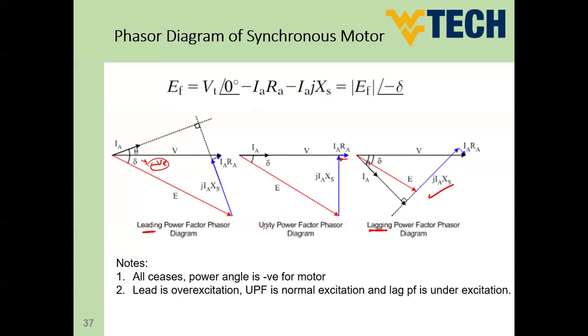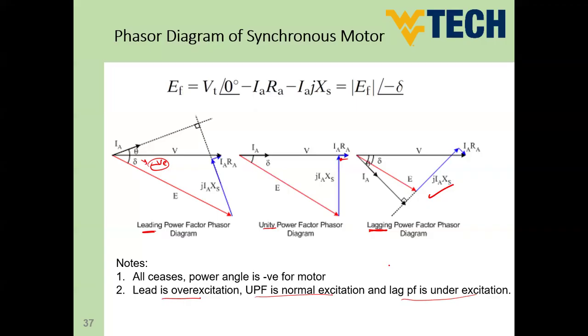In case of unity power factor, this is like the normal operation case, or we call it normal excitation. And in case of lagging power factor, it's smaller, so we call it under excitation. So we have now leading power factor is over excitation, unity power factor is normal excitation, and lagging power factor is under excitation. Actually, this is the opposite of the synchronous generator case.